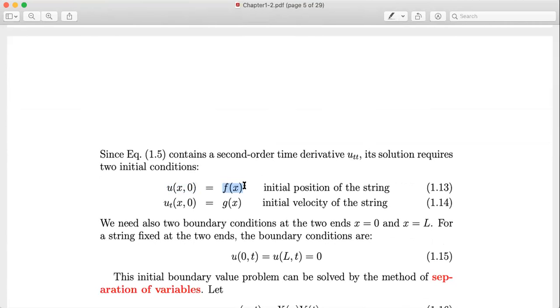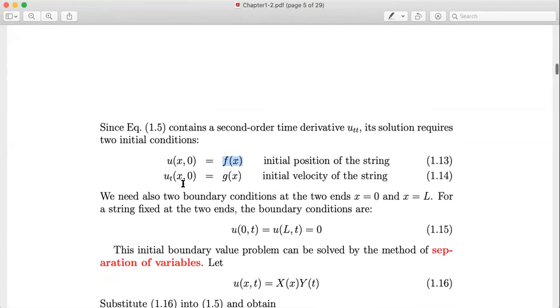That function will be specified by the problem, and determined by you if you set up the motion. And then the initial velocity u sub t at each point x, at t equals 0, is given by this function g(x).